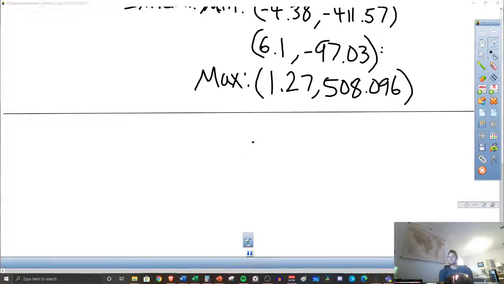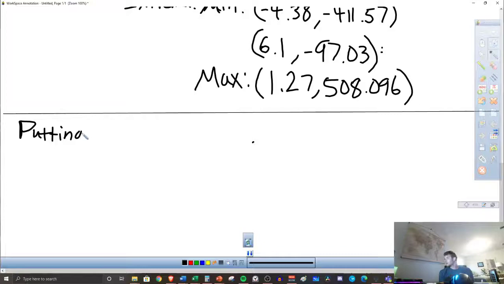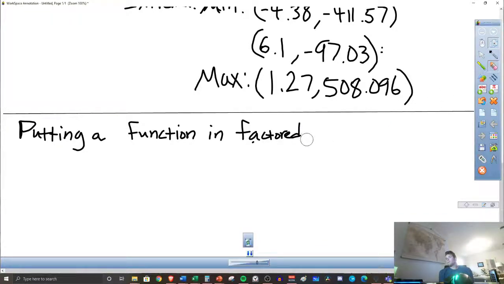Okay, and in your notes you can do that with a pencil. Let's talk about the next topic: putting a function in factored form from a graph.